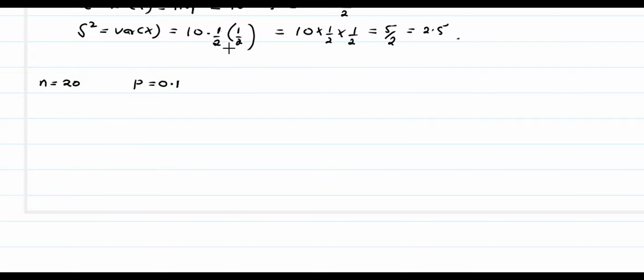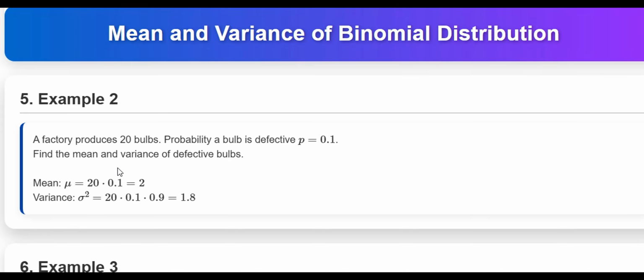The probability of failure, q, is 1 minus p, which is 1 minus 0.1, which is 0.9. So we have all the information. The question is simple: find the mean and the variance of defective bulbs.